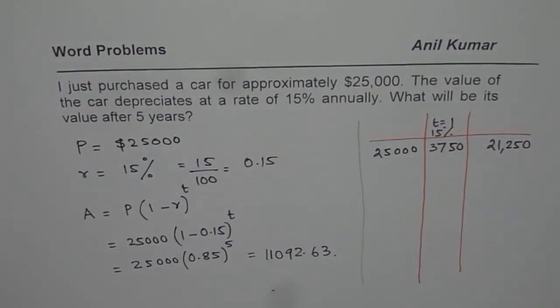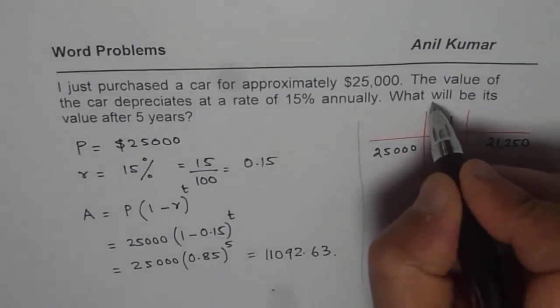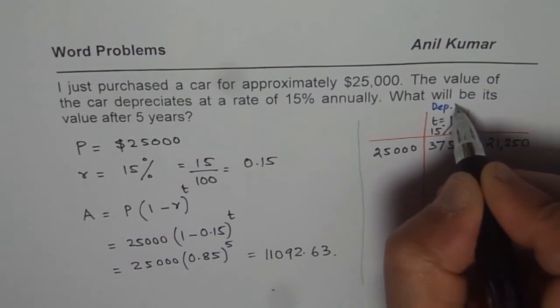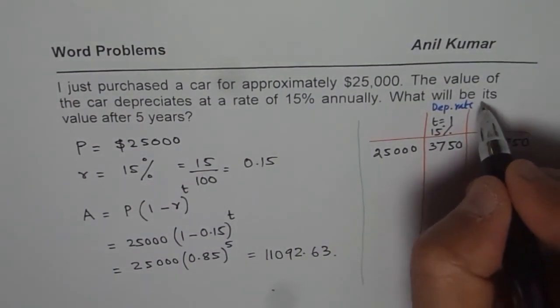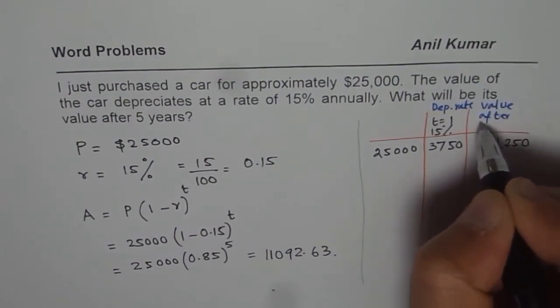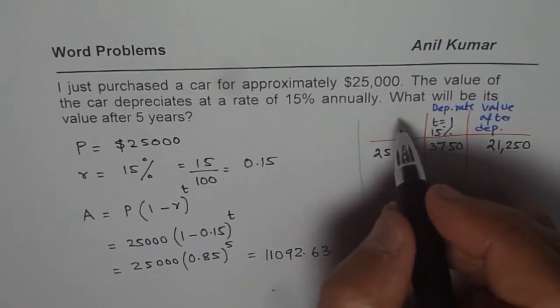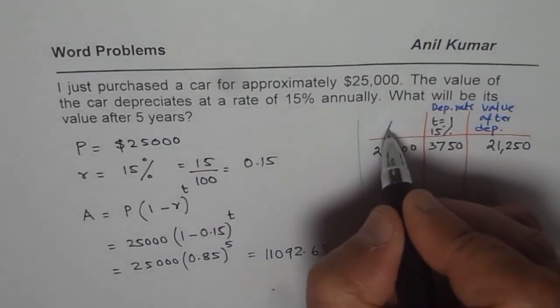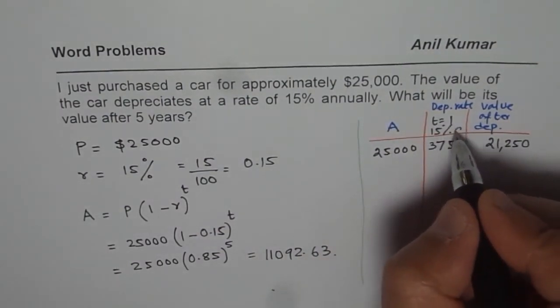So what I'm trying to tell you is, you can make a table like this, where one column of the table will be the deduction or depreciation, the depreciation rate per year, and that is the value after depreciation. Let me call this the amount, so the amount minus, let us say, depreciation.